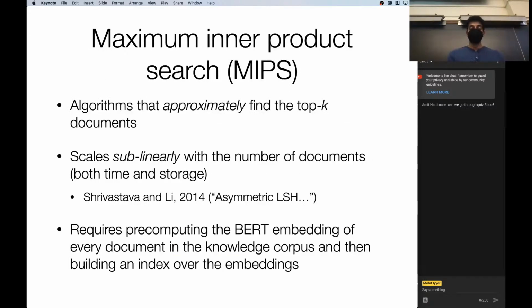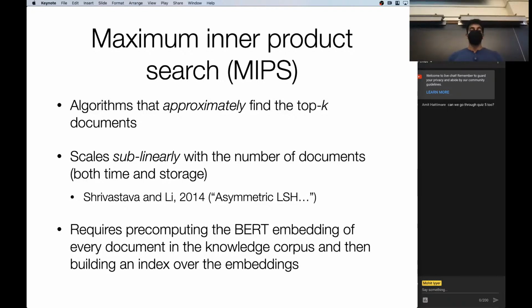So they use algorithms that are in the class of maximum inner product search. They approximately find the top K scoring articles, these Zs, which is much faster than doing it all linearly as you normally would. There are some algorithms you can look into that do this.